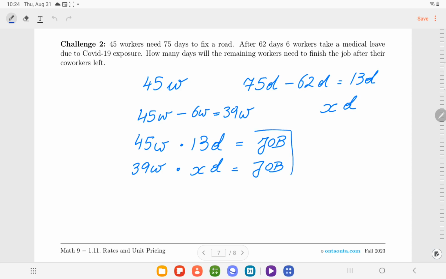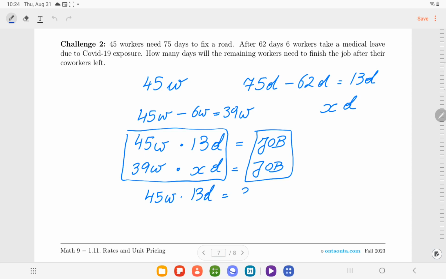Since it's the same job, these two expressions must be equal. So 45 workers times 13 days equals 39 workers times x days. We're looking for x, so we divide each side by 39 workers.